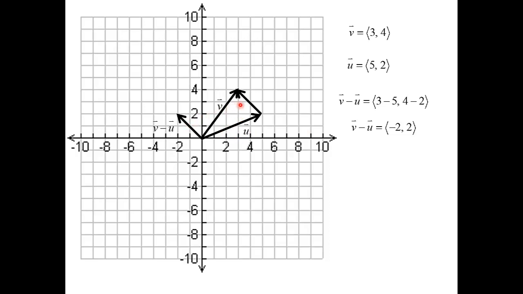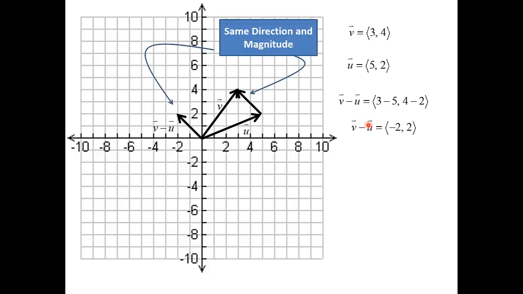Now notice I'm still writing the vector starting from the origin and going up to negative 2, 2, but it's parallel to this vector over here. So you could slide this vector up here, and what you have is a vector v minus u. It starts at u and goes to v like this. This is the way you could draw to represent that subtraction, because those vectors have the same direction and magnitude.